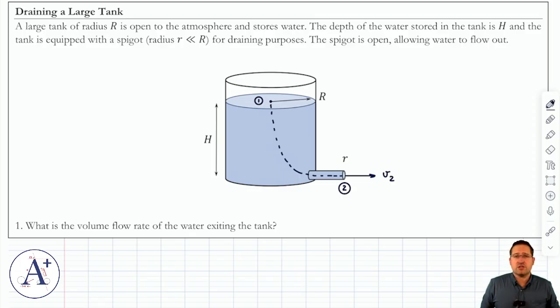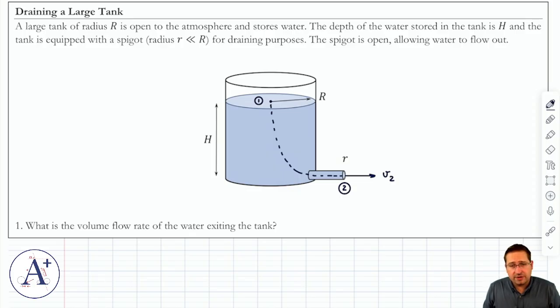Just like conservation of energy, you apply it between the beginning and the end, what you call initial and what you call final. You don't actually care what happens in between. You just evaluate energy at the beginning, evaluate energy at the end, and set them equal to each other. That's what I'm going to do with Bernoulli. So I don't really care what this dotted line looks like. I just care that it connects the free surface here, open to the atmosphere, to the spigot and the water flowing out of it.